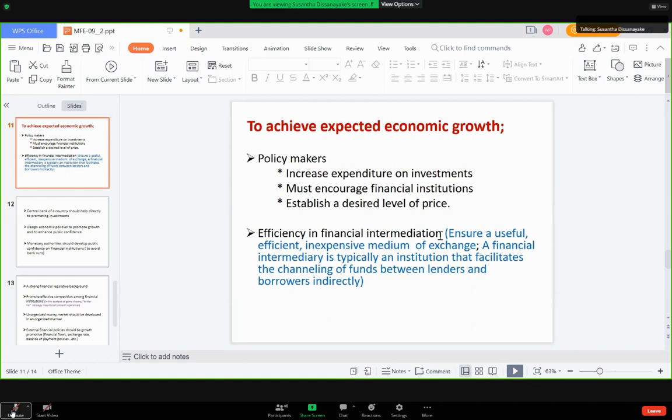In various ways, it needs to help both parties. When savers and lenders are encouraged, it ultimately benefits the financial institution acting as intermediary. So this needs to have efficiency.